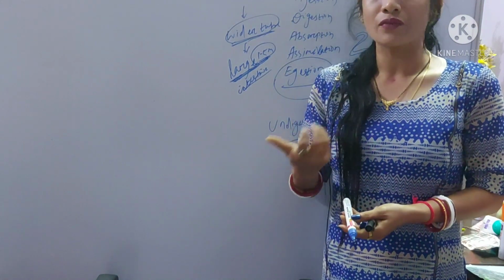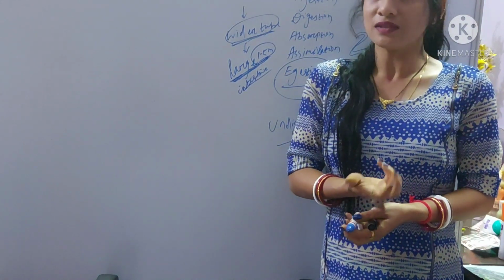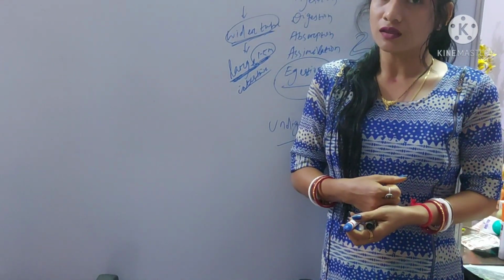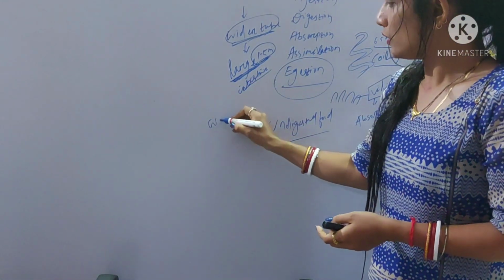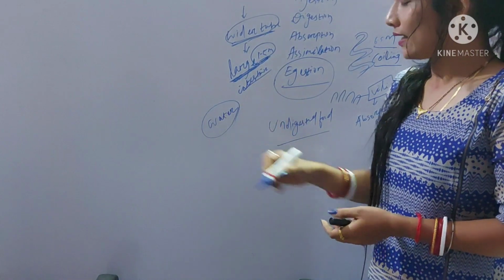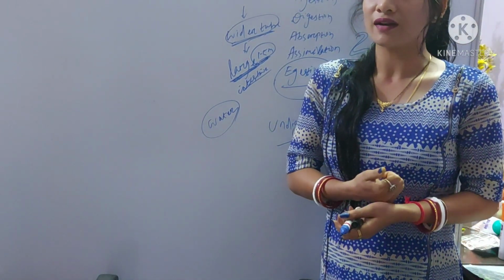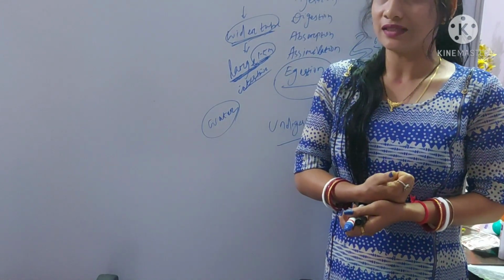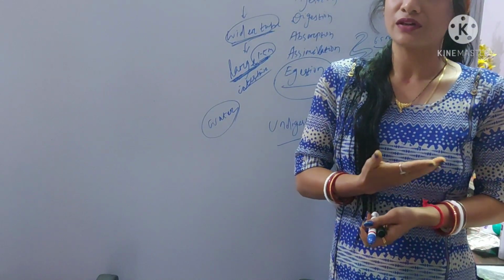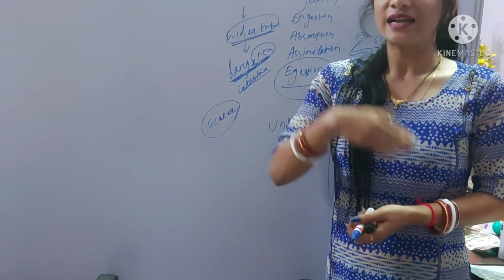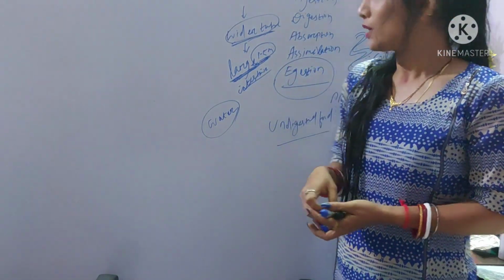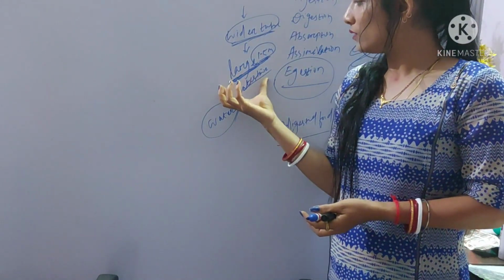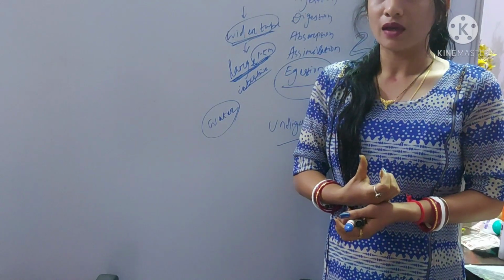In the exam, a one mark question will come asking where the absorption of water takes place, or the function of the large intestine: it helps in the absorption of water, whereas the small intestine helps in the absorption of the food. So in the large intestine, the water is absorbed with the help of villi.